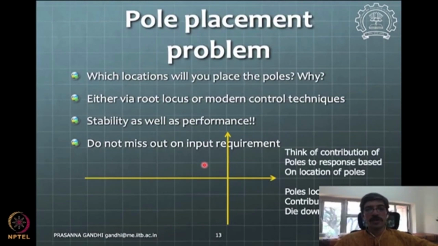Okay, so also that's why, from that perspective, we may choose to have two poles retained close to the imaginary axis, relatively close, and the others can be pushed a little apart. So these two poles will be the dominant poles for the system, and the contribution to the output response from the poles which are far away will anyway die down.